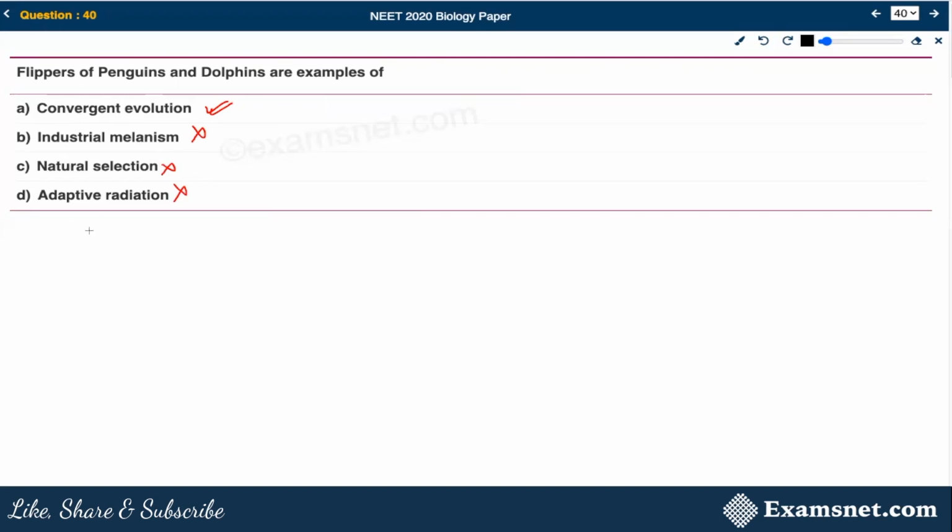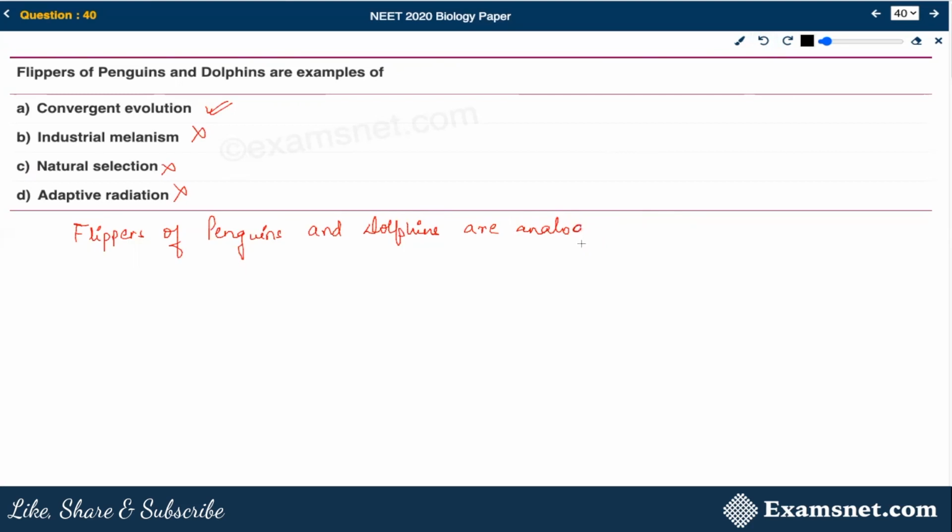So flippers of penguins and dolphins are analogous organs. Analogous organs are those organs which are structurally different but functionally similar.